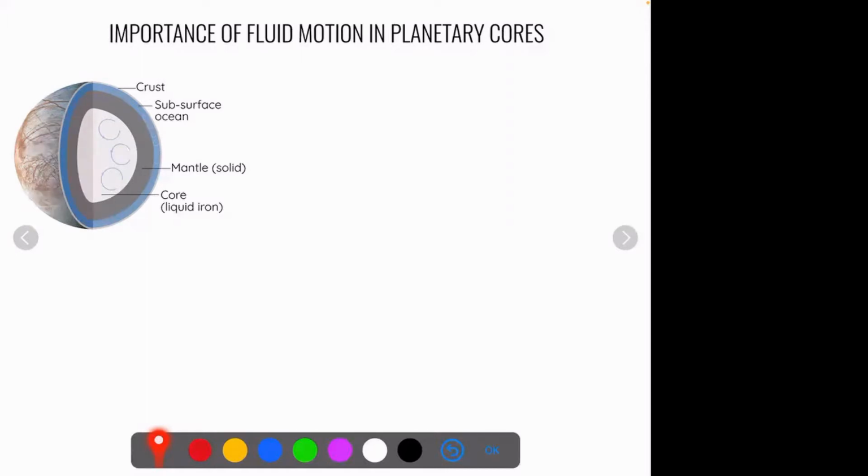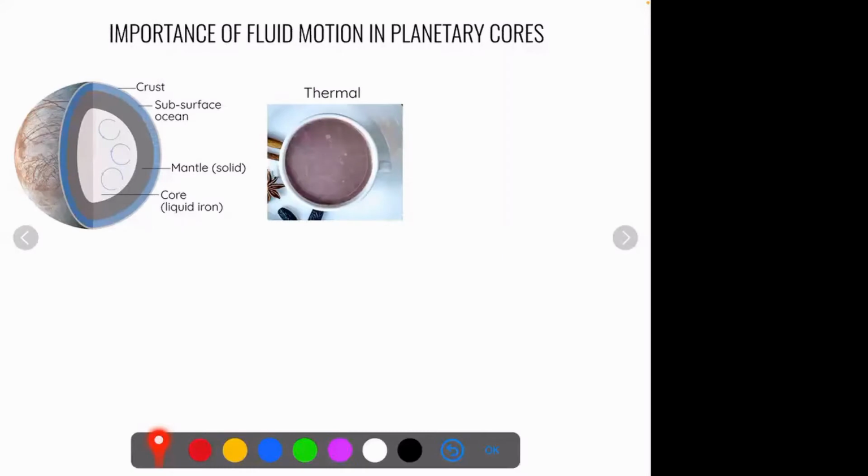The first is thermal convection, because those planets used to be hot and they are cooling. So you have cooling at the top of the cores, and very much like in a pot of hot chocolate, you can have convective motion inside the planetary cores.